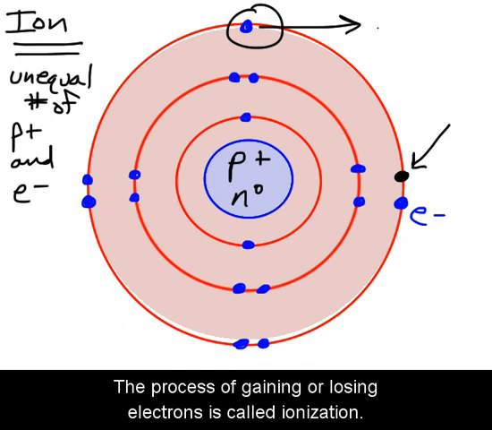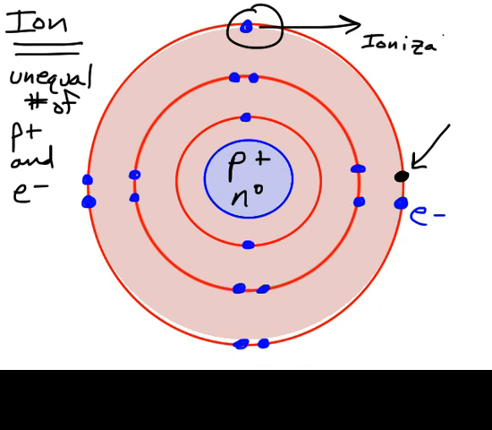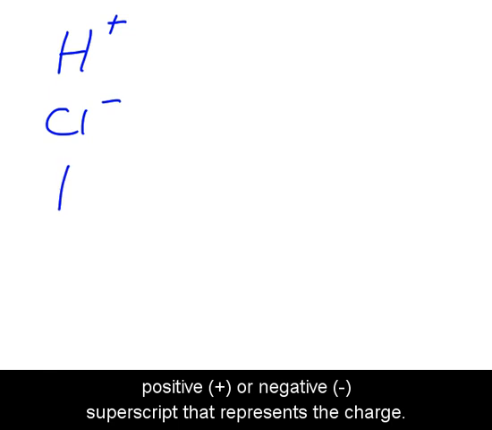The process of gaining or losing electrons is called ionization. We symbolize ions by writing its chemical symbol with a positive or negative superscript that represents the charge.